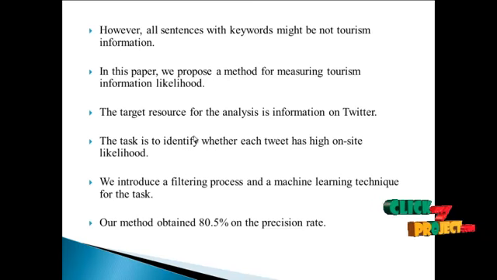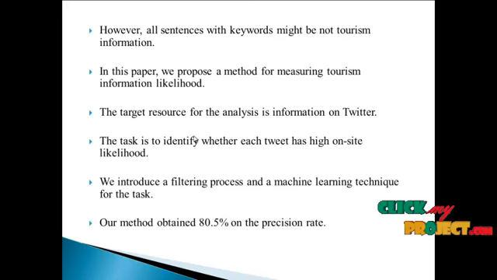By collecting all the keywords, we can form a sentence and choose the places we have to visit. We approach measuring the tourism information likelihood, which is rated as popular in sites.